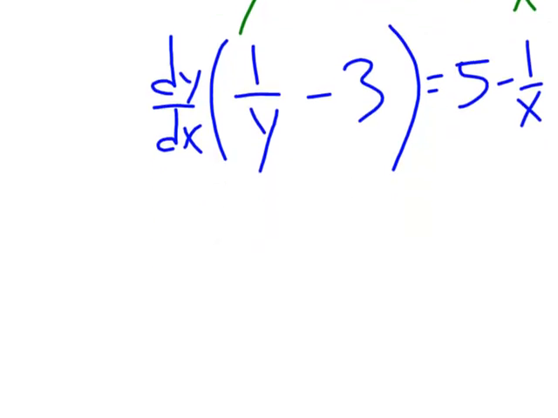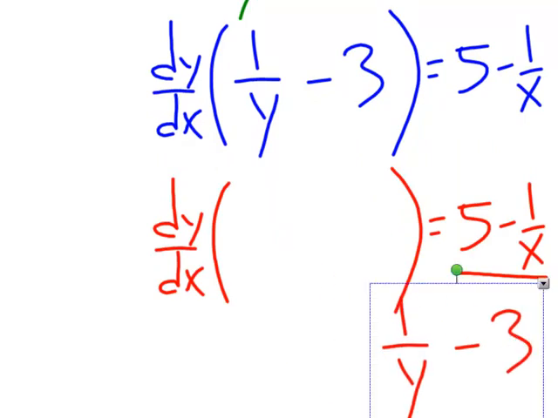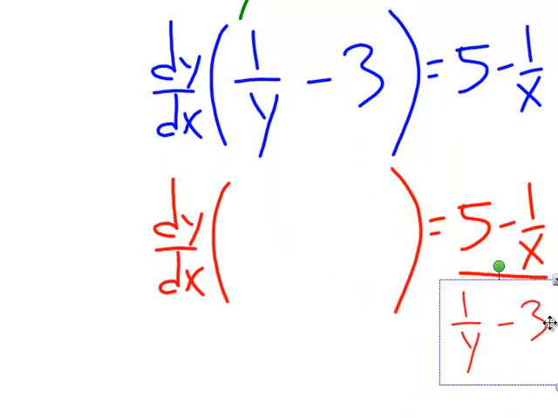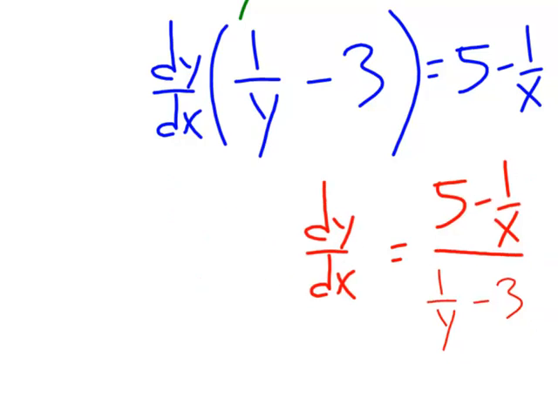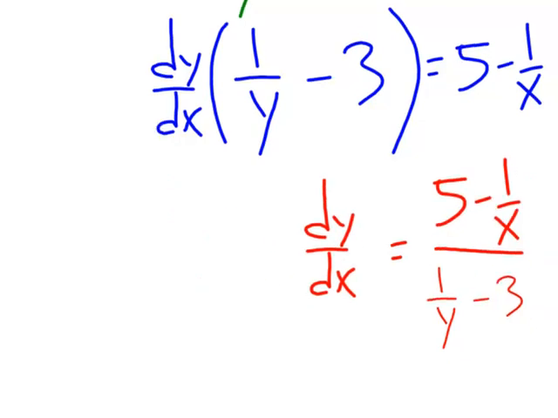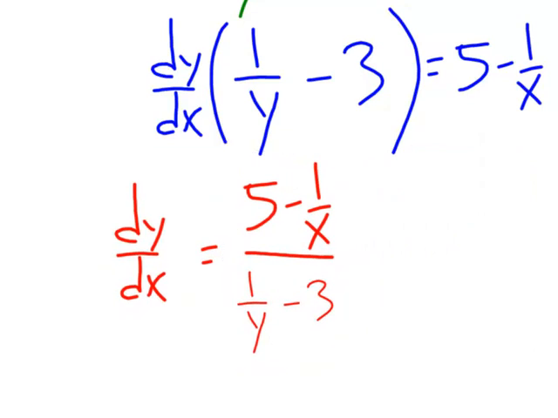Now we just need to get the dy over dx by itself. And we're getting awfully close to being done here, but it would be bad form to leave our answer involving fractions within fractions. So there are a couple ways you could do this.